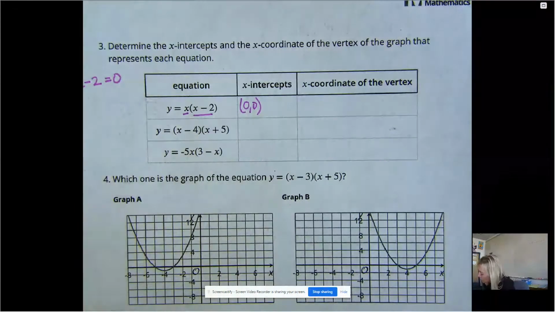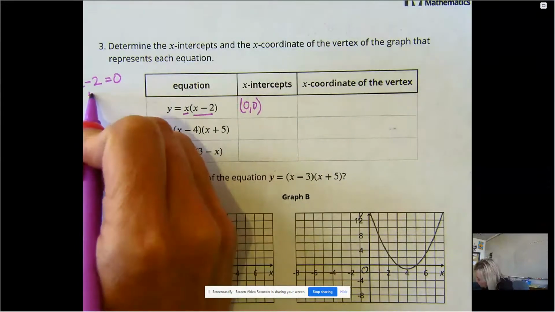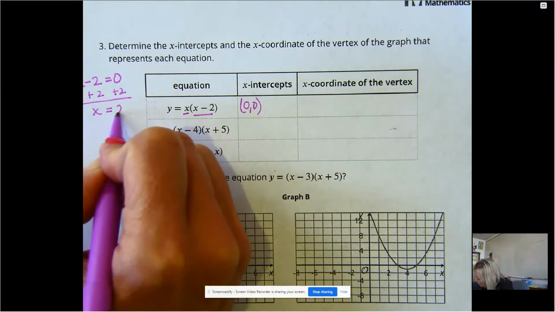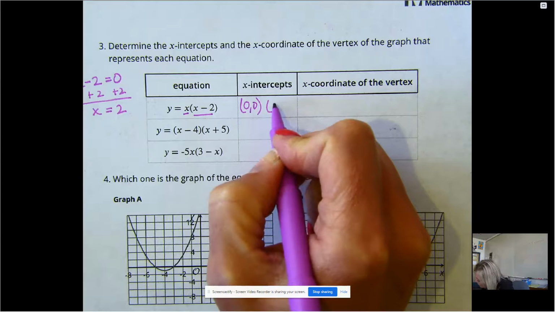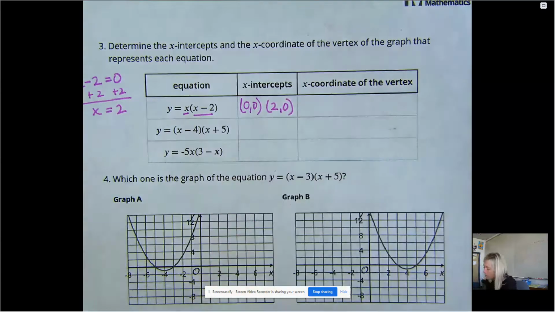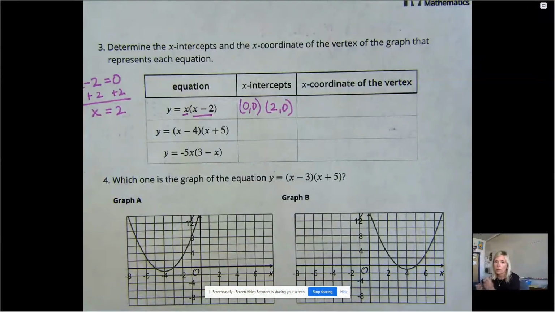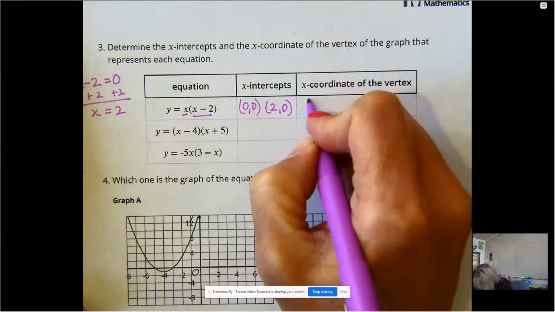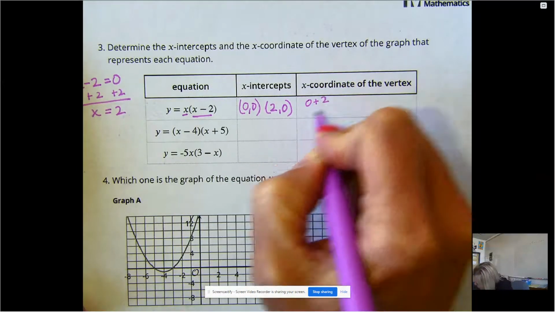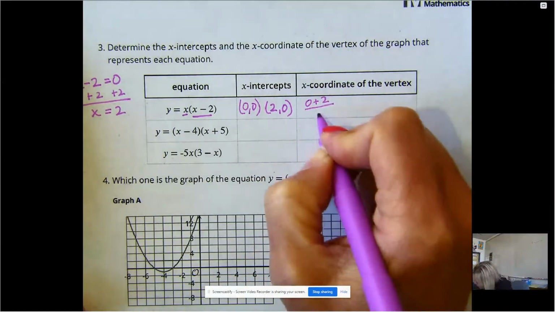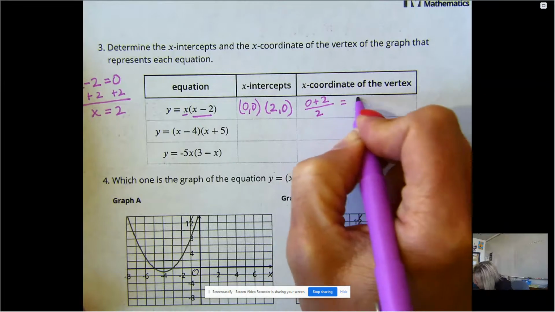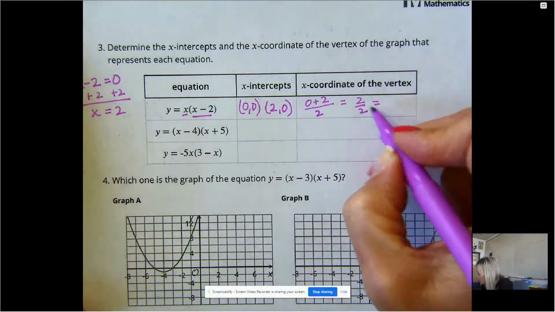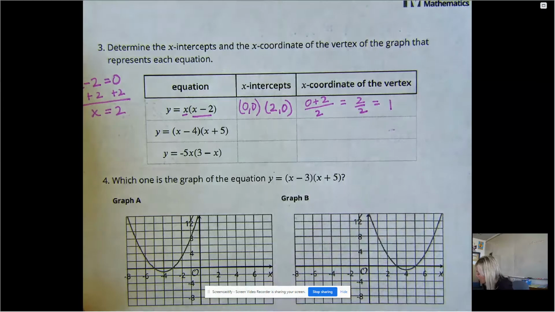And that's going to just be a matter of adding the 2, and so x equals 2. So the other x-intercept is (2, 0). And then the x-coordinate of the vertex, so I add the 2 intercepts together, find the number in the middle by adding them together and dividing by 2. 2 divided by 2 is 1.